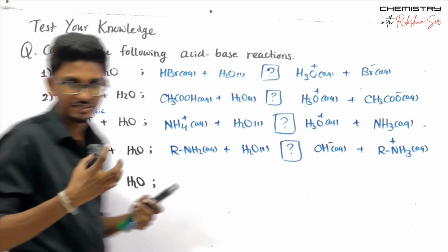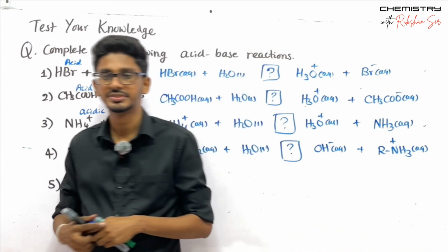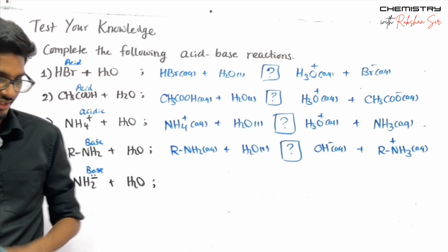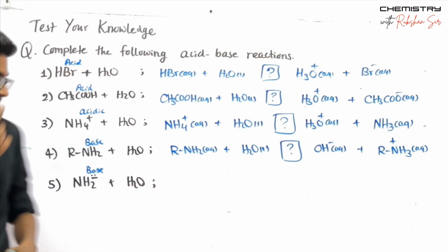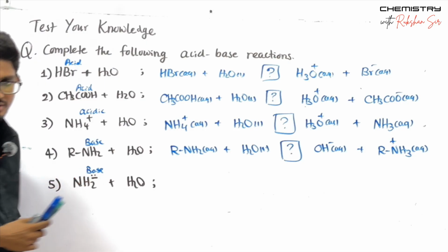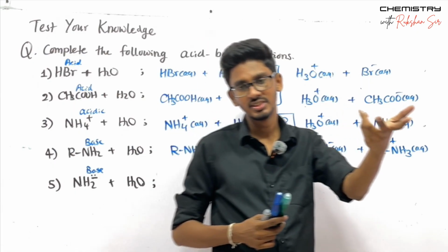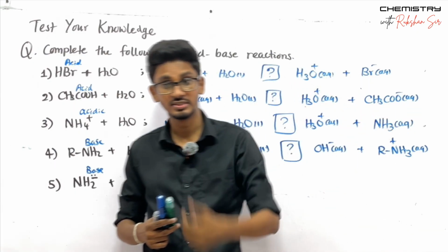The minus particles are keen to accept plus charges. So normally in hydrolysis, if you are a minus particle, you behave as a base. OH minus is a base, NH2 minus is a base, H minus is a base, O2 minus is a base, CO3 2 minus is a base.